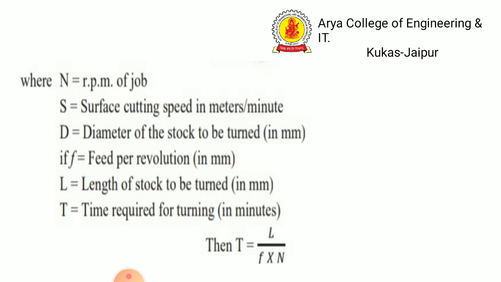With F, L and T, T equals L divided by F times N, where F is feed per revolution in mm, L is the length of the stock to be turned, and T is the time required for the turning in minutes.